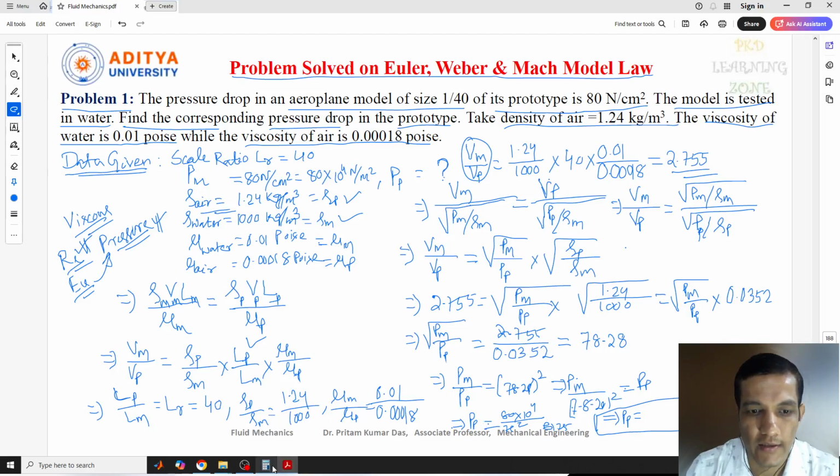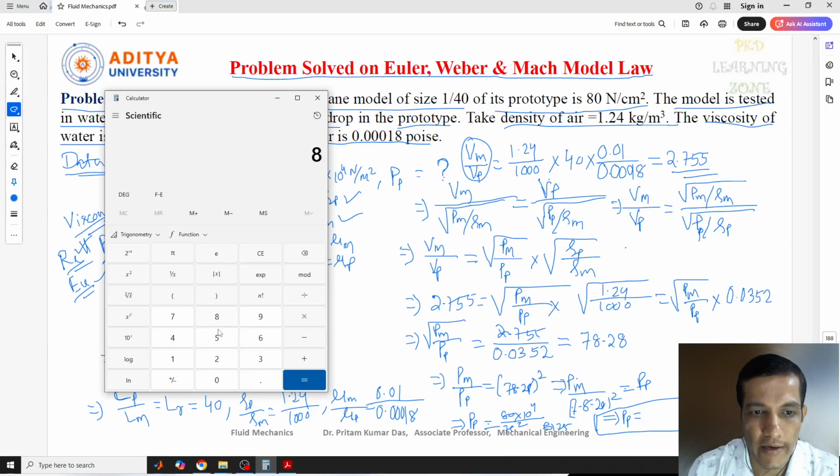So let's see, 80 into 10 to the power 4. If you want to calculate in terms of centimeter square, we can keep it like this, or else we can do 10 to the power 4.